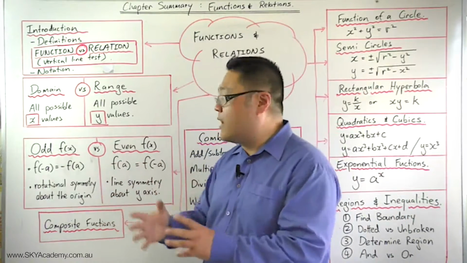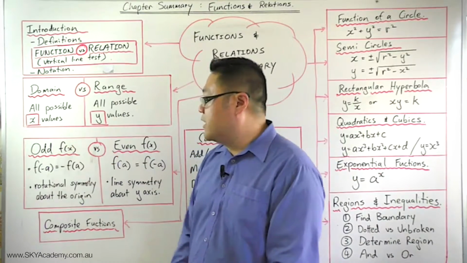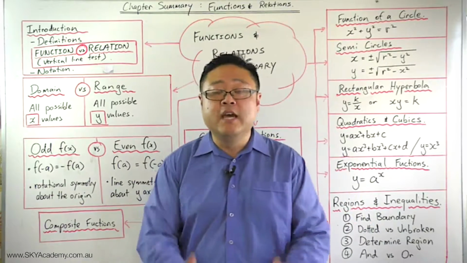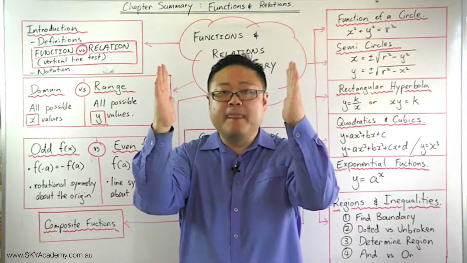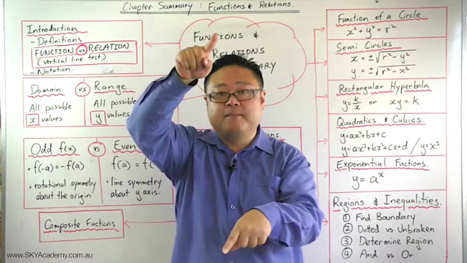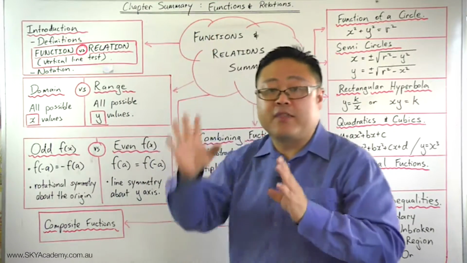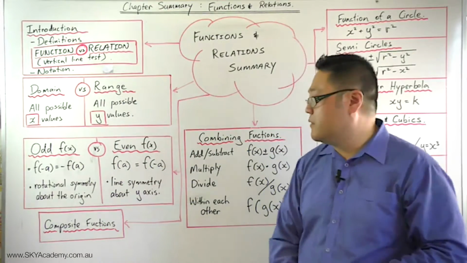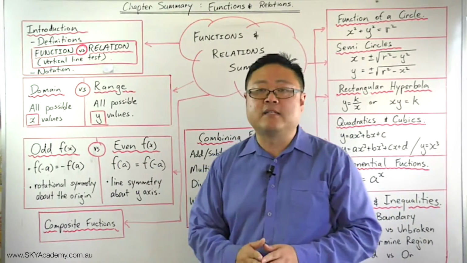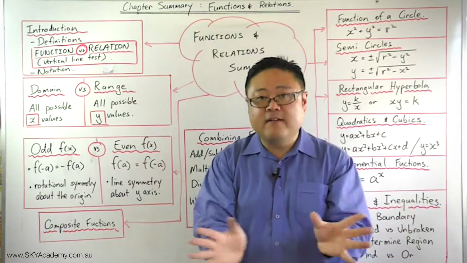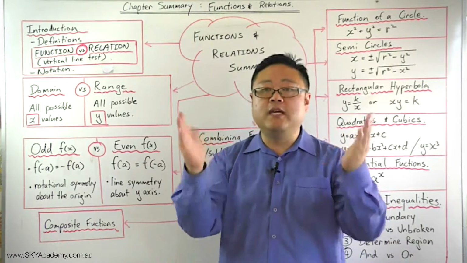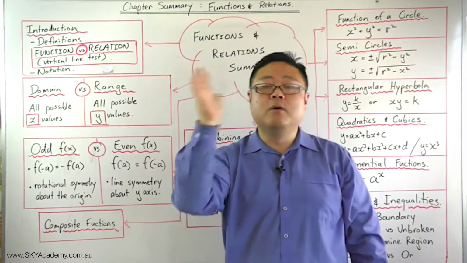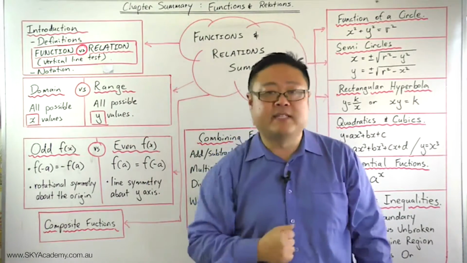Graphically speaking, for an odd function you will have rotational symmetry about the origin. So if you looked at a graph and flipped it upside down, the graph would be exactly the same. It would map onto itself. Whereas an even function has line symmetry about the y-axis, which means that if you folded the graph over onto itself, the right-hand side would map onto the left-hand side and vice versa.